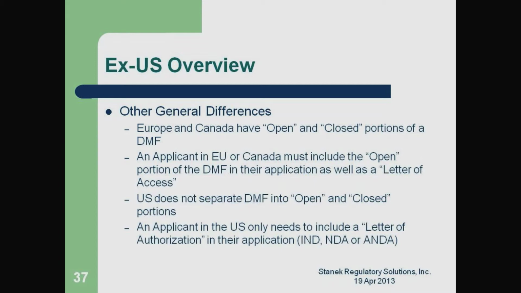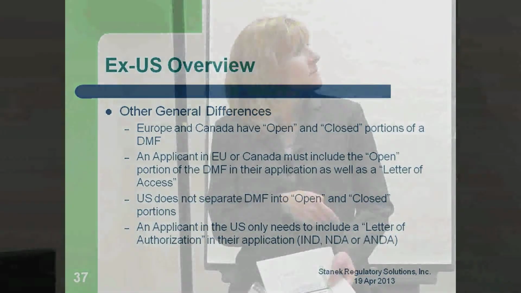So if a customer is asking you for your open part and you just have a US DMF, you don't have an open part, but they're asking for your non-proprietary information. And in the US, we only need to include this letter of authorization. The other markets are including a lot more information.